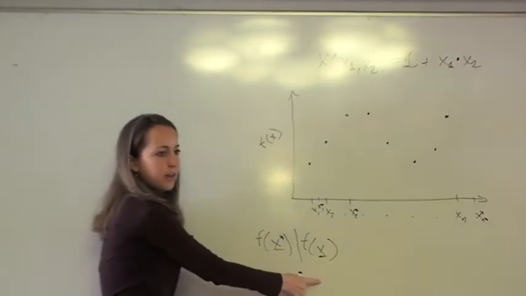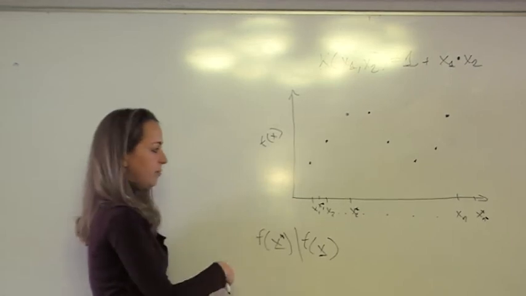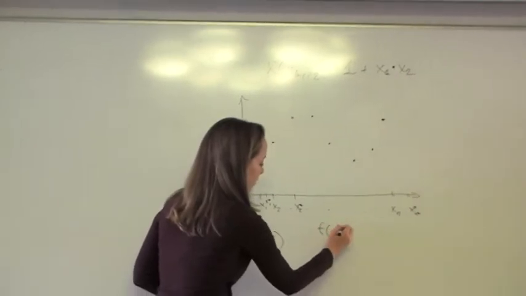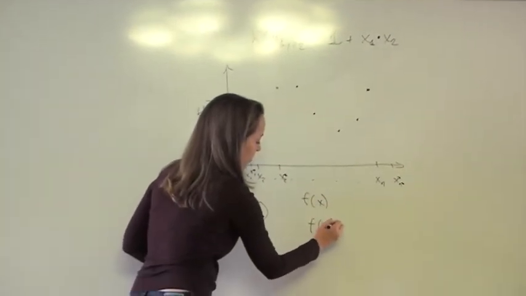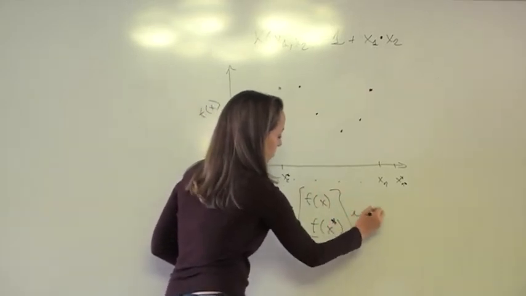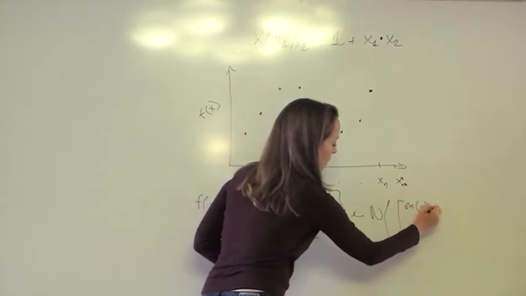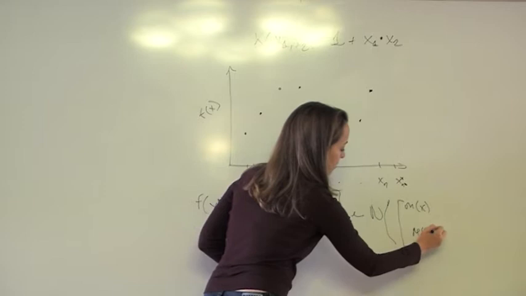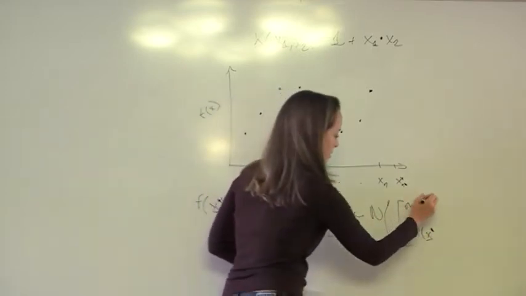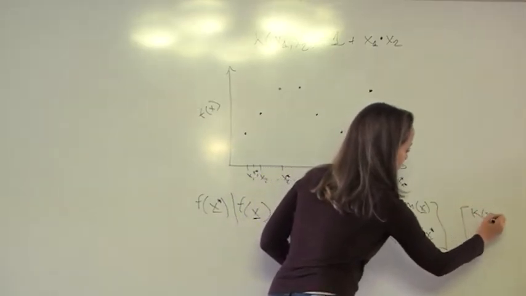So this is just a multivariate normal. We just use the conditional property of the multivariate normal. So we know that jointly f of x and f of x star are normal with mean m of x and m of x star, and the appropriate covariance matrix.